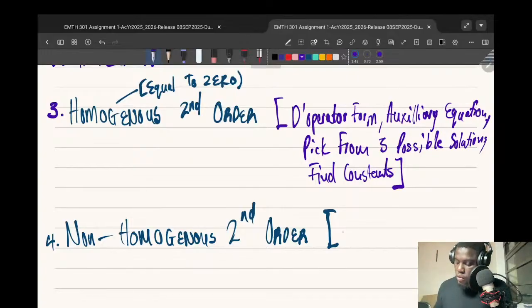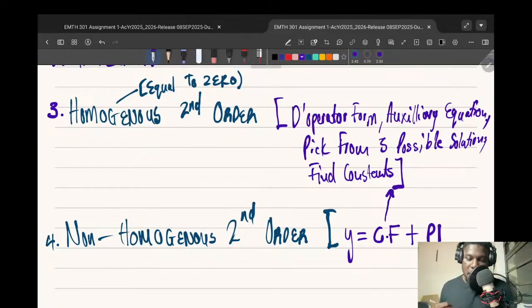For this one, to get y, you say y is the complementary function plus the particular integral. The complementary function you find using the steps above, which is for homogeneous. Then for the particular integral, you have to remember the table. We don't cram the table.